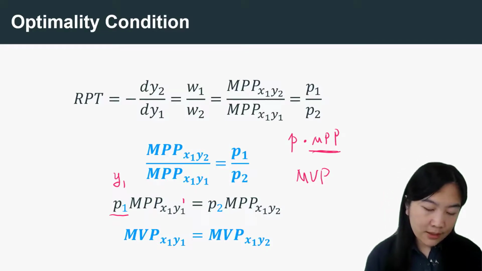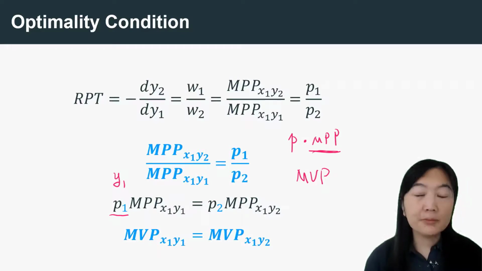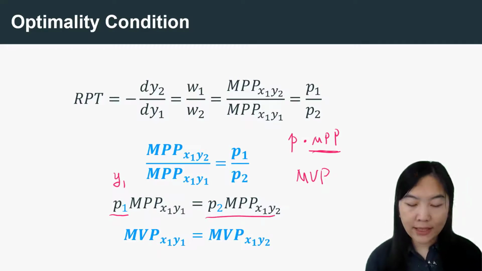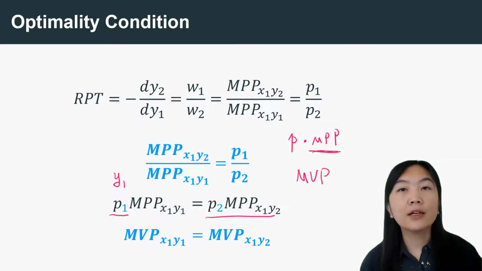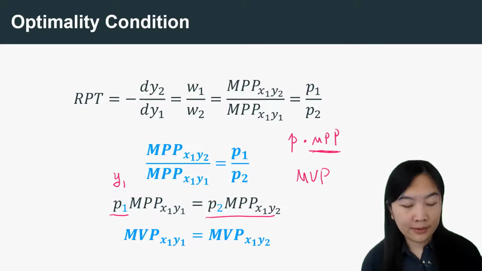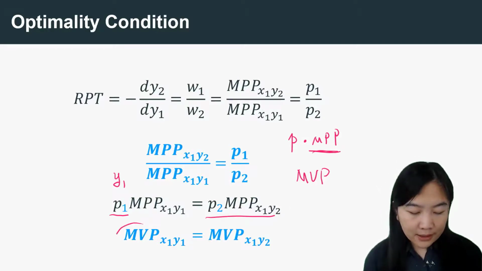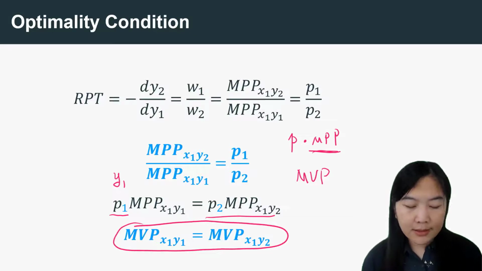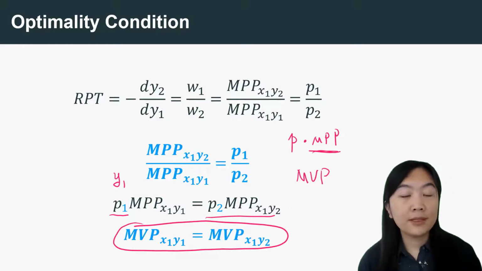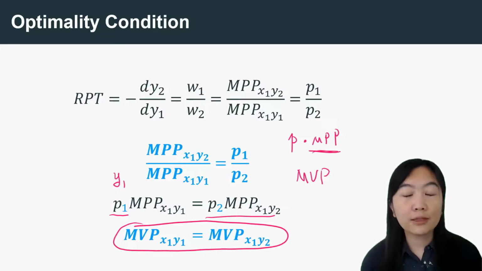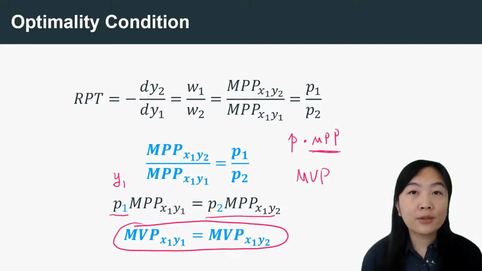On the right it's similar, however everything is for the second output. So the optimality condition is saying that MVP x1 y1 is equal to MVP x1 y2. So what does that mean?